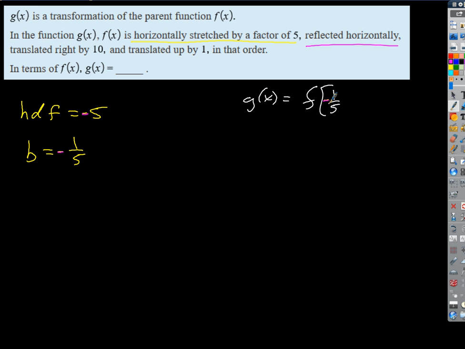What's that telling us? Minus 10, good. And I assume you're saying it's going to be x minus 10. Perfect. Okay, so that's the value of h, isn't it? And then finally, up by 1, Anna, what's that going to be? Plus 1 outside at the end. Good. Okay. I think you guys are really getting this stuff. It's good.